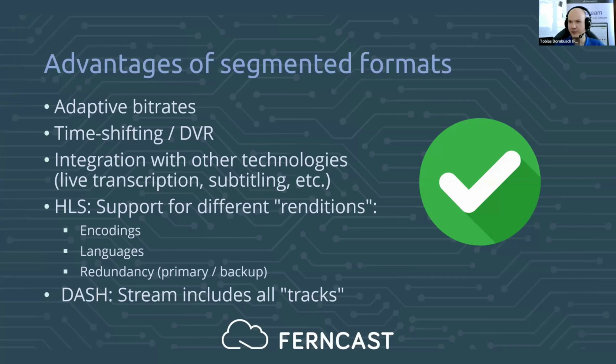HLS is arguably a bit superior in this regard in that the renditions can be announced specifically and more dynamically switched, while in Dash, the track, as it's called, often has to actually include all the information in the same stream, which is of course not as nice for bandwidth.